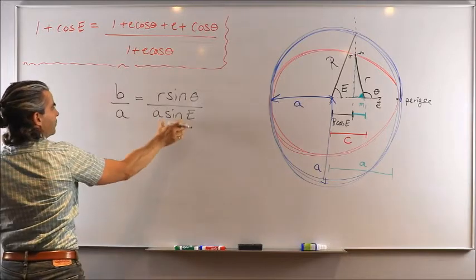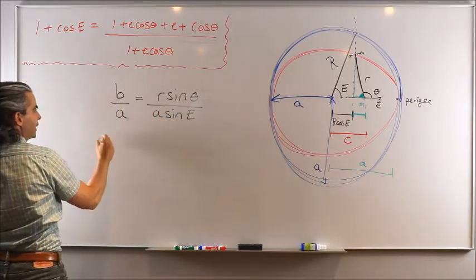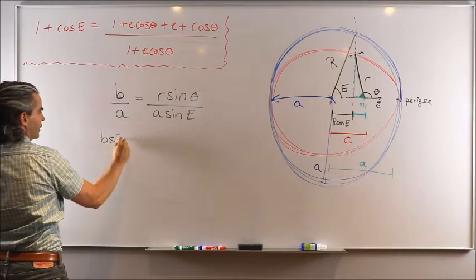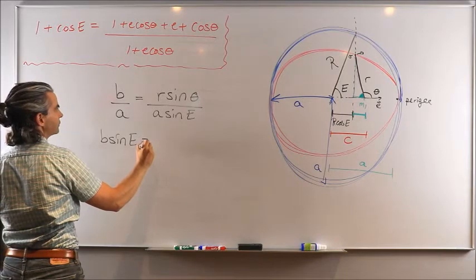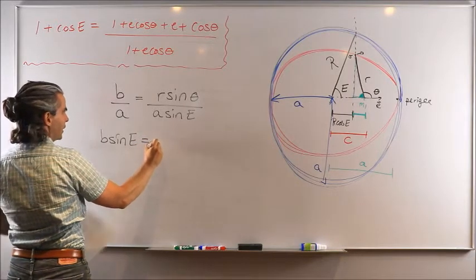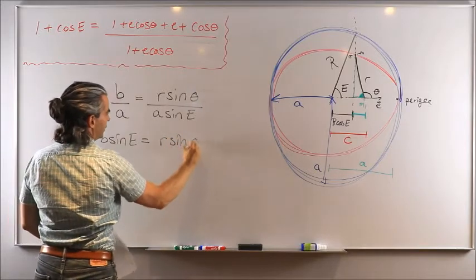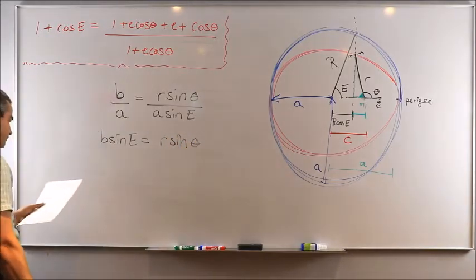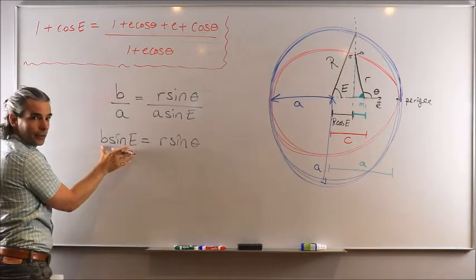Now I can pull this on this side, cancel the A's to say that B sine eccentric anomaly is equal to R sine true anomaly. And I'm going to focus on the left-hand side of that relationship.